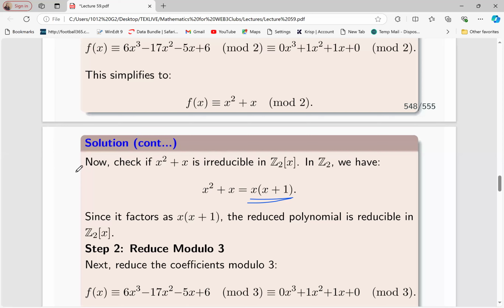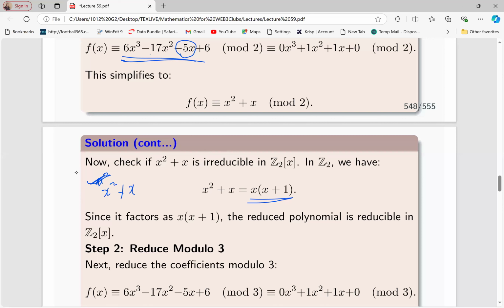What was the polynomial? When you reduce it mod P, I just said negative x squared, but of course this can also be positive. You can add 2 there, because this is negative 1. So when you add 2, you get x squared. And then for this, add 2 until you get a positive number.